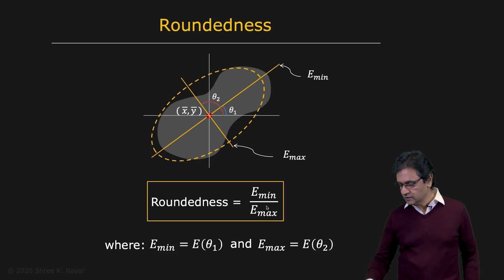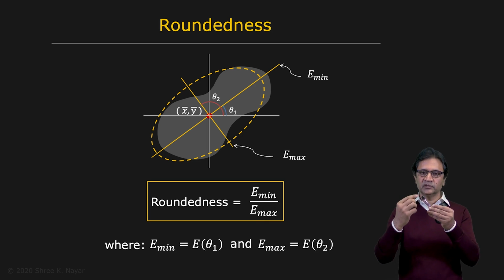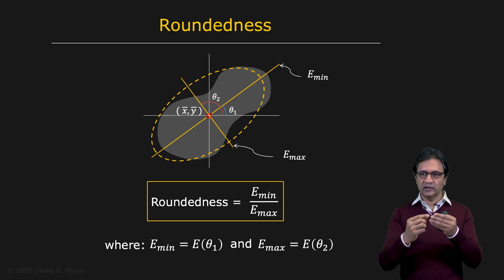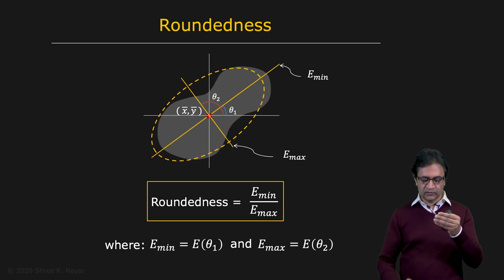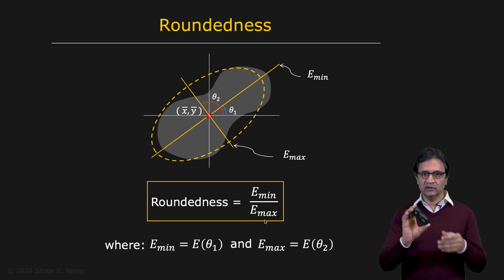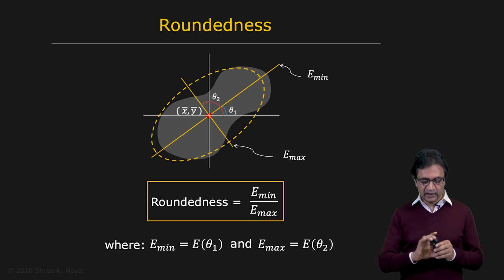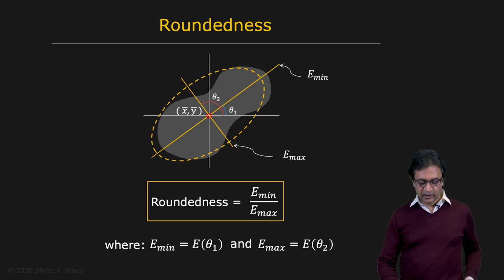If you have a very thin object such as this one, assume that this is your object, you're going to have a very low value for roundedness because E min is going to be very small and E max is going to be much larger. If you have a rounded object such as this one, which interestingly looks like the one in the slide, you're going to have a larger value for roundedness.